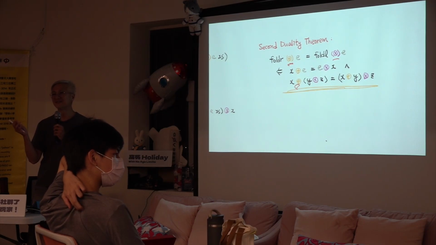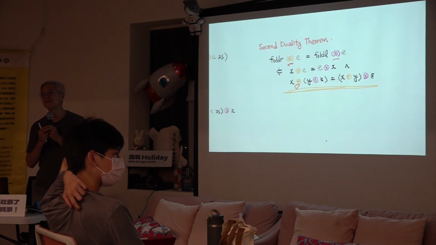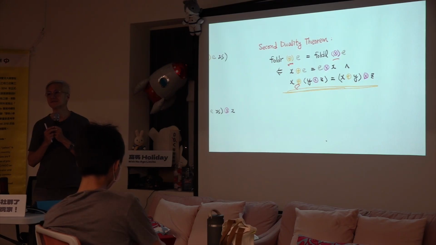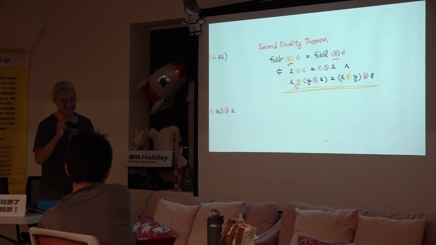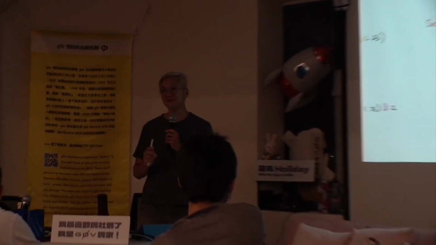So we say every inductive data structure has its fold. Does every inductive data structure have a fold left, or is it specific to this? Yeah, that's a good question.